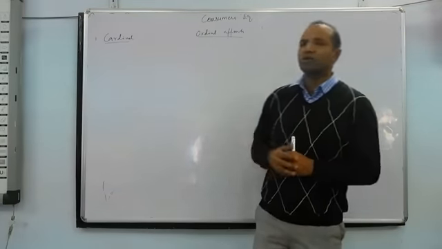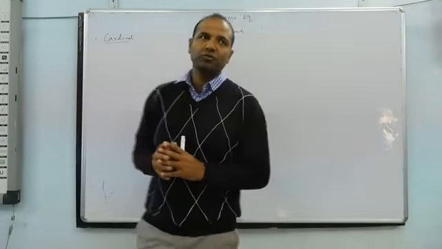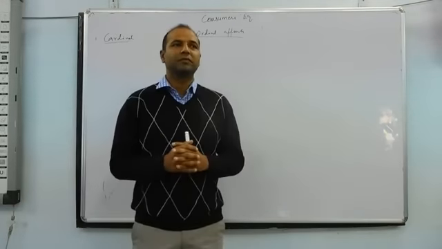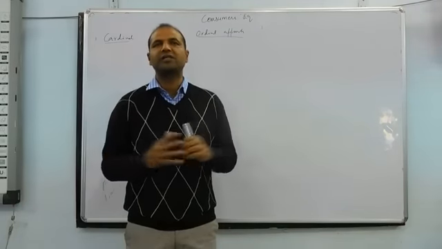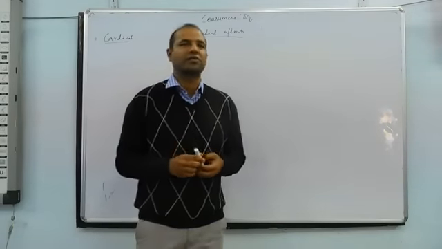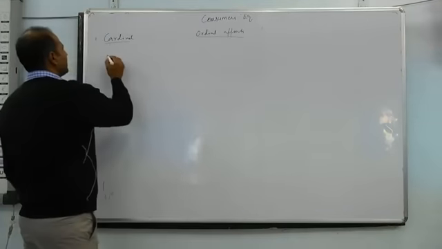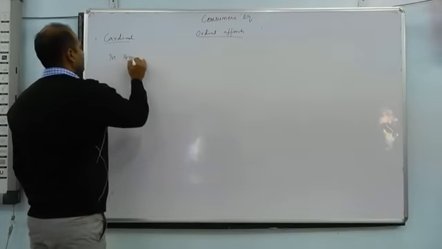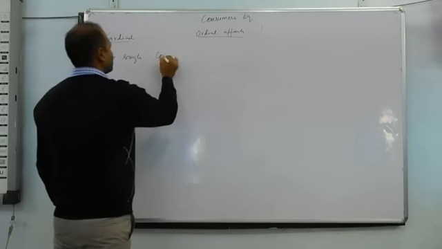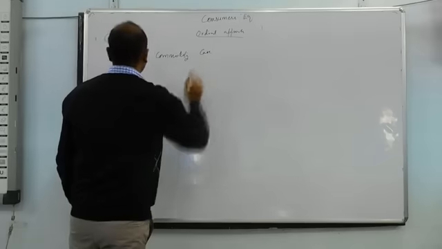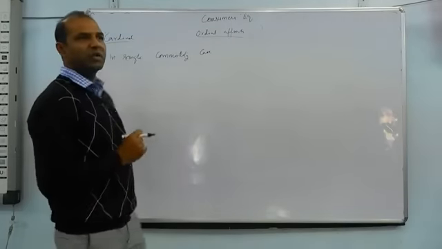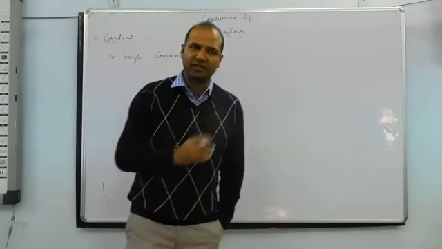So in the cardinal approach, we have to understand the consumer's equilibrium in two cases. One is the single commodity case, the other one is the two commodity case. So in a single commodity case, the consumer is said to be in equilibrium when he is maximizing his satisfaction.